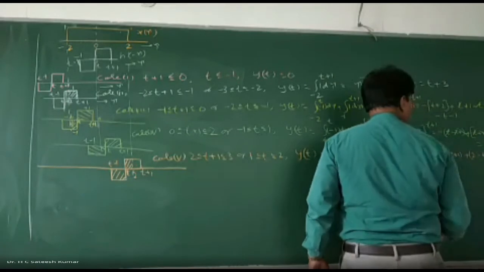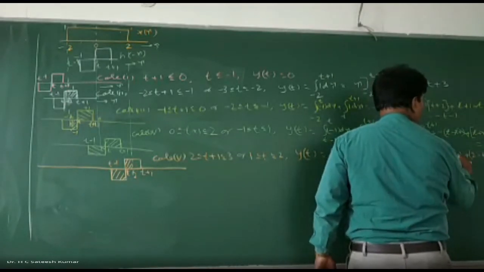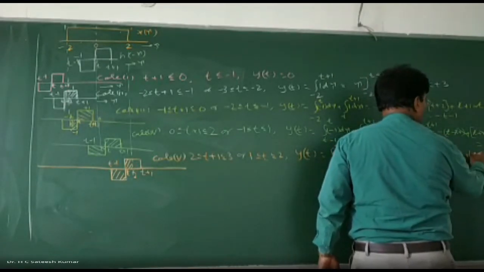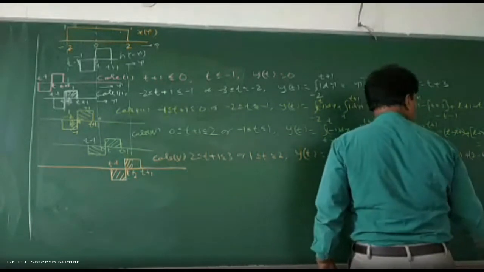Minus t plus t gets cancelled. What will you get? Minus 1 plus 2. Minus 1 plus 2 is what?